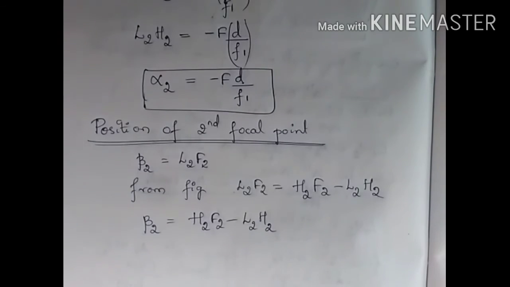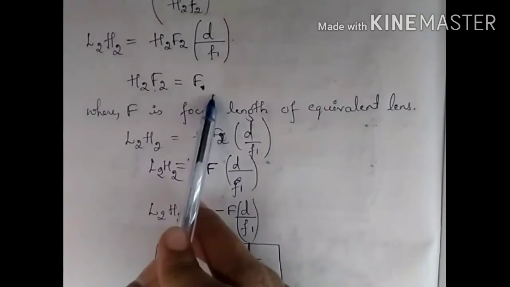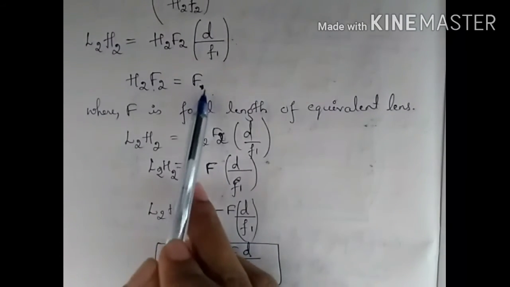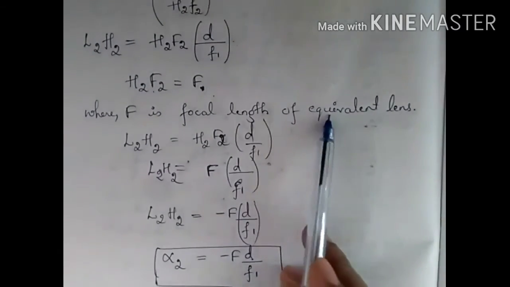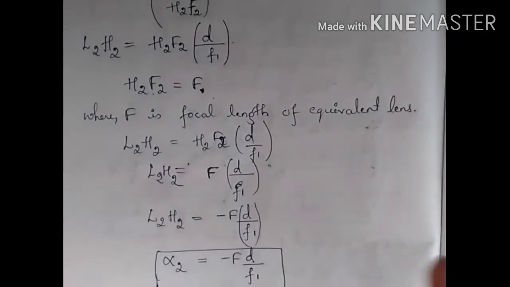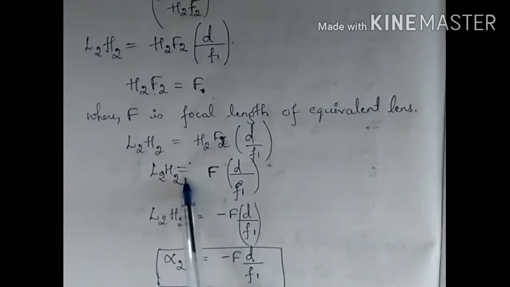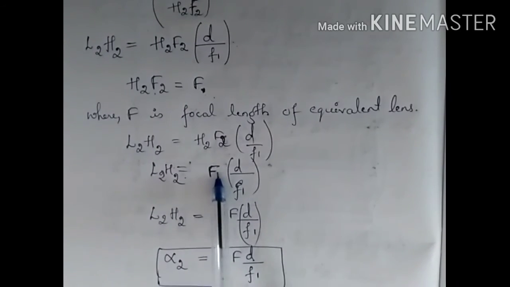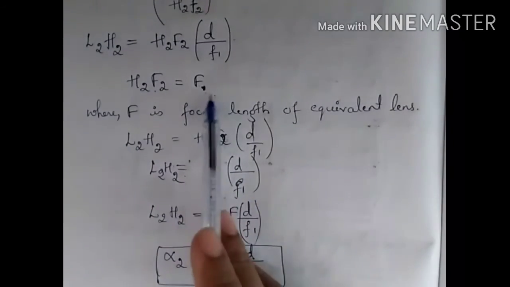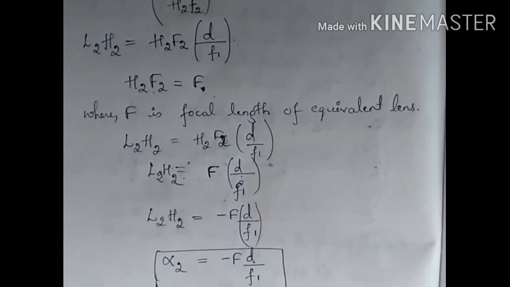We know H2F2 is given by capital F, where F is the focal length of the equivalent lens. L2H2 is again known to us: L2H2 is F d by f1. Substitute these two in the equation.